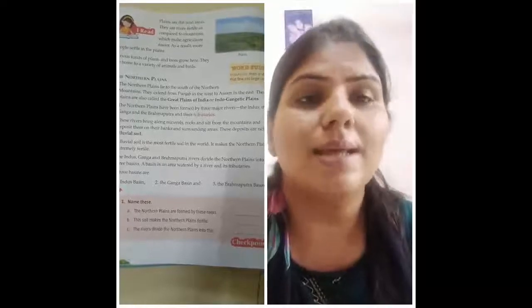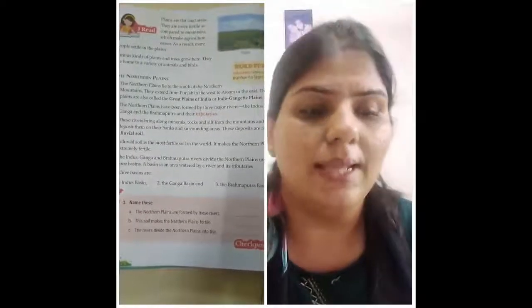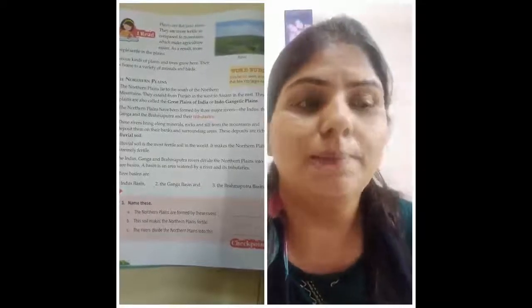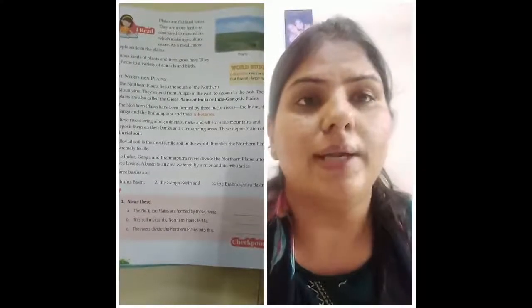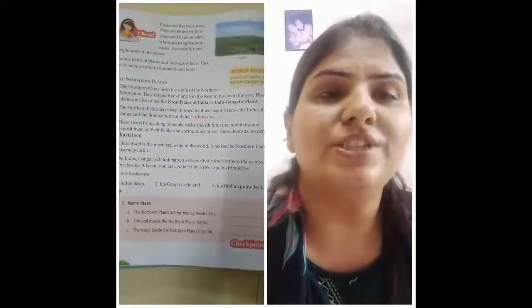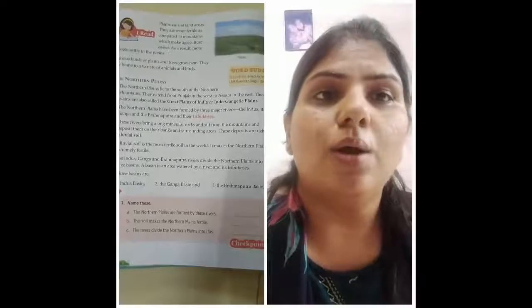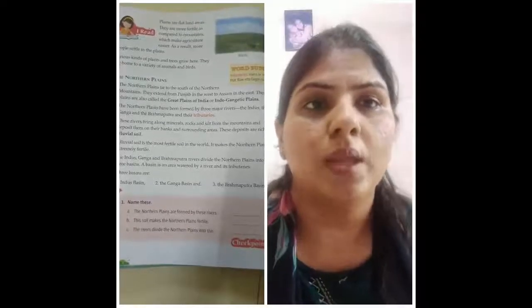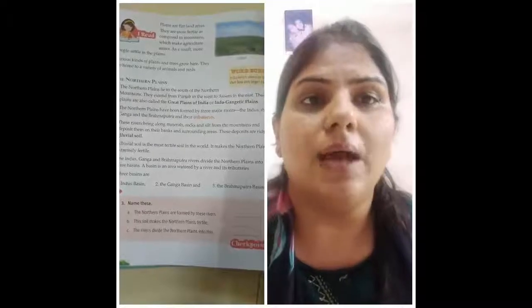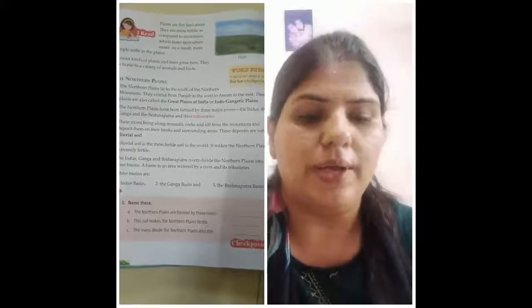Alluvial soil is the most fertile soil in the world, and that is why it makes the northern plains extremely fertile. That is why we can see much vegetation in the northern part of India. Many kinds of wheat and pulses cover the northern part of India.